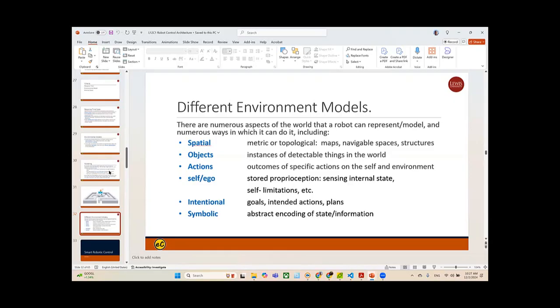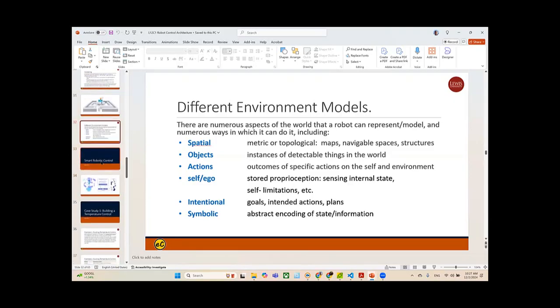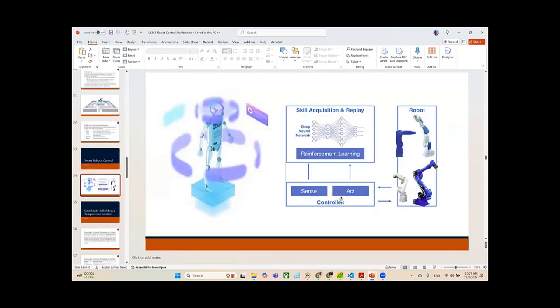Now we go into smart robot control. Basically, as I said, you have sense, planning, and action. If the planning part is a traditional computer, then we cannot call it a smart robot. If your planning part involves AI, reinforcement learning, or deep learning, then we call it a smart robot.